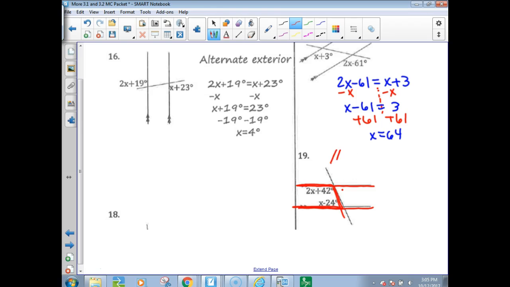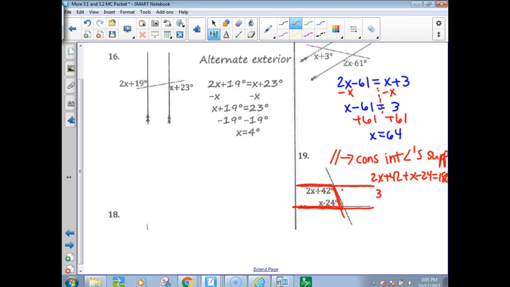So what it's saying, parallel implies consecutive. You can write consecutive, I'm just going to write CONS. Interior angles supplementary, SUPP. So these add up to 180. So 2x plus 42 plus x minus 24 equals 180. If you want to just quick add them in your head and simplify right away, that's totally fine with me.